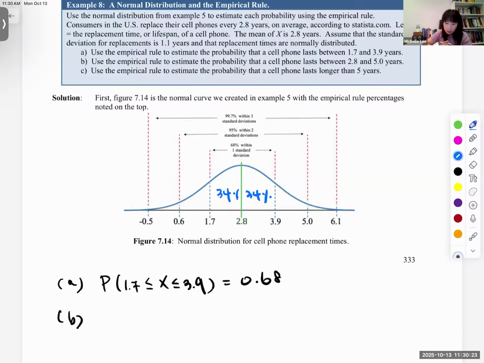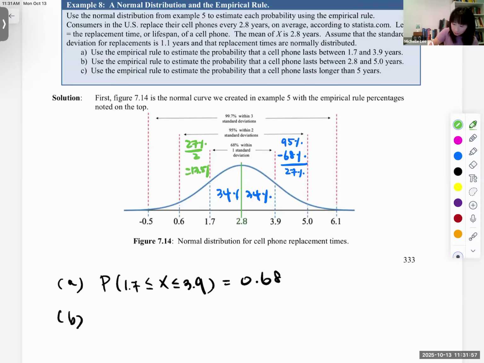But since we have two portions there, each one has 13.5%, right? So let me write down: 27% divided by 2 is 13.5% and 13.5%.